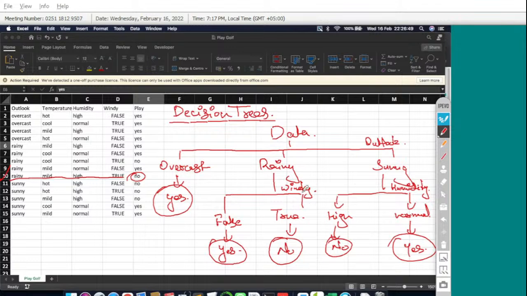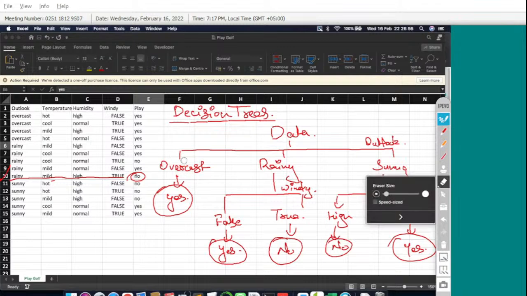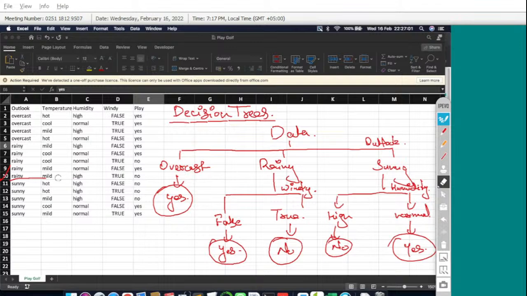We have a tree here, so let's pick any random row. Let's say this. First, it's overcast. We need to observe the outlook at the very first. We observed overcast, and we can say we are playing, and we are correct, right?